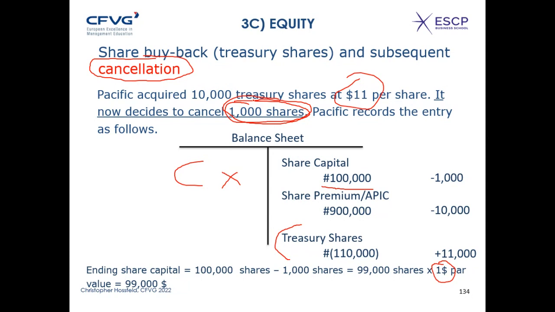Therefore, it does not change the overall value of the company, but the overall value of the company now is allocated on a smaller number of shares. Therefore, the value for each share will be higher. So canceling my treasury shares could be a way of increasing my share price. Okay.